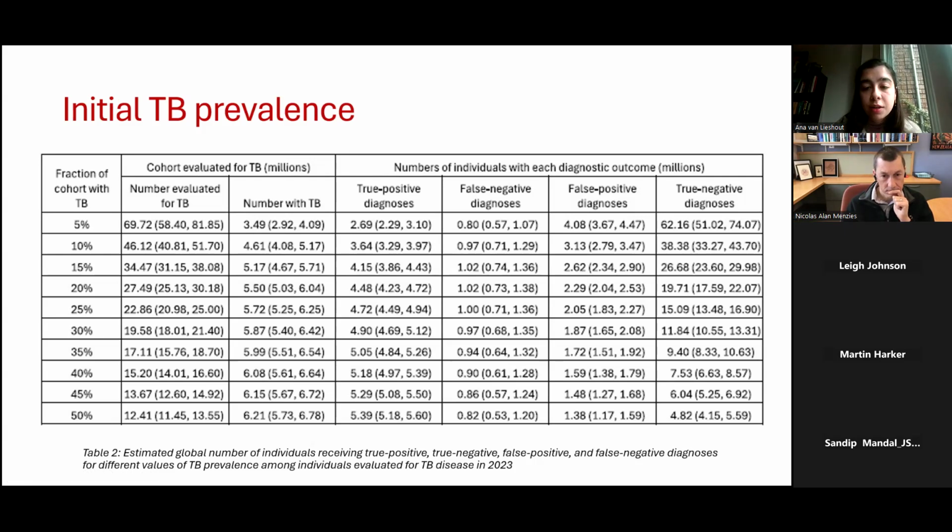So we see that the false negative diagnoses vary between 0.8 and 1 million and then go down again. And for false positive diagnoses, for 5% initial TB prevalence, we have about 4 million individuals being falsely diagnosed as positive. And for 50%, 1.38 million people would have a false positive diagnosis.